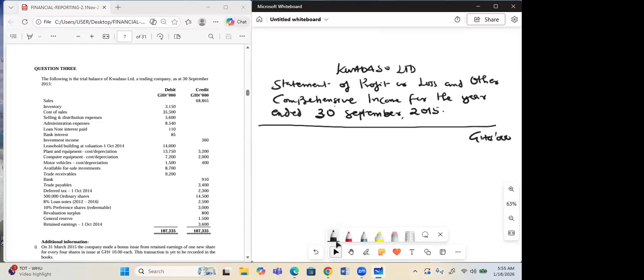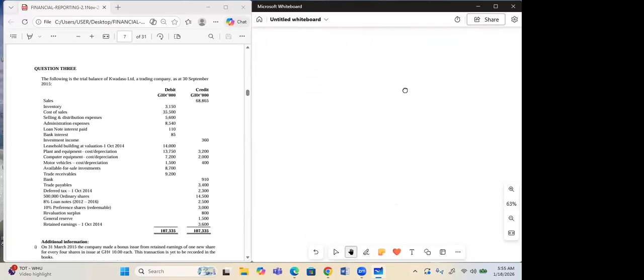So like I said, leave a full page for the P&L, and then let's come to the next page.